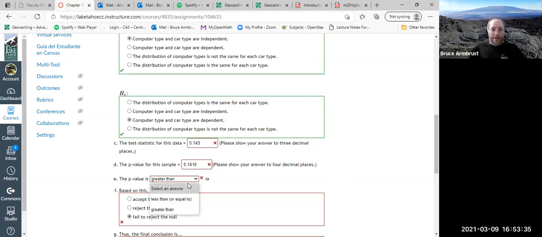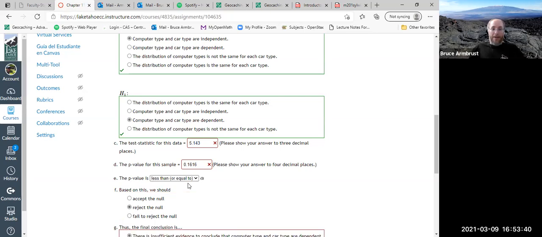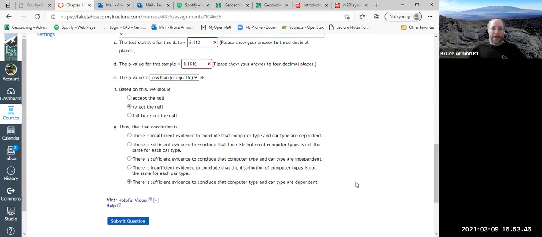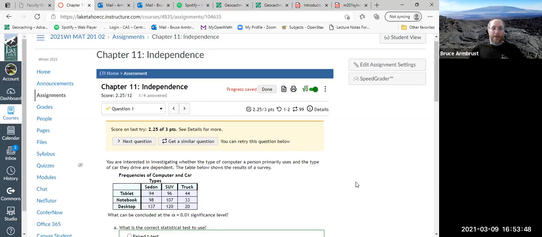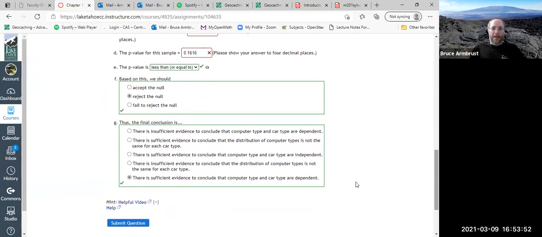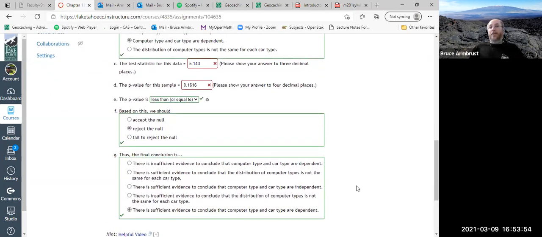So this is going to be less than alpha, which means we're going to then reject the null. And if we reject the null, then that means there is sufficient evidence for it to be dependent. And I should be good on all of those now, right? Yep. Boom, boom, boom. So it all comes down to what your p-value is.